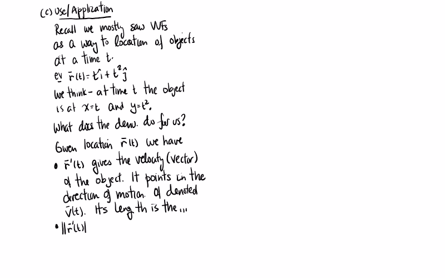So the absolute value of r prime gives the speed. This is a scalar, often denoted s of t, not a vector, because that's a scalar.